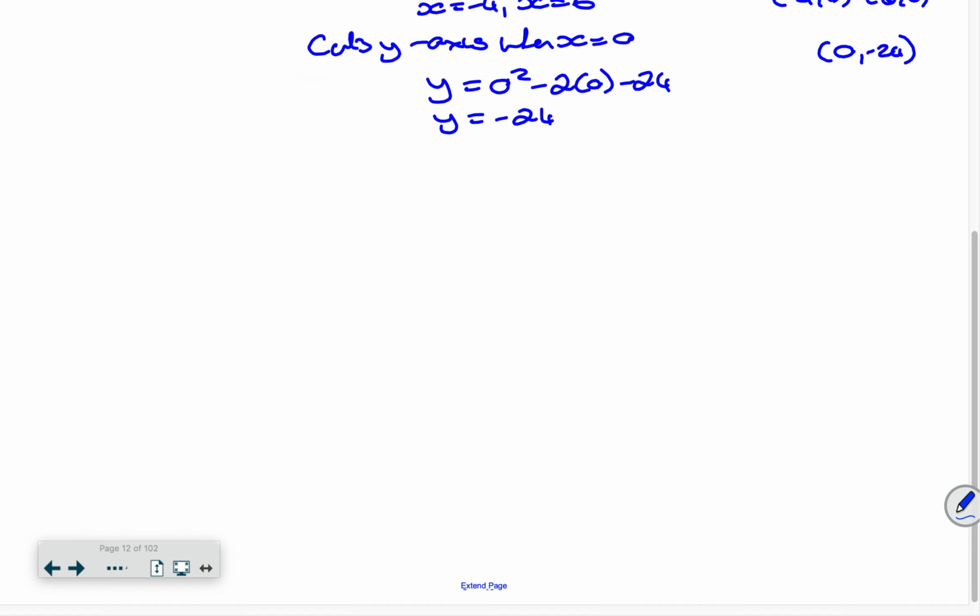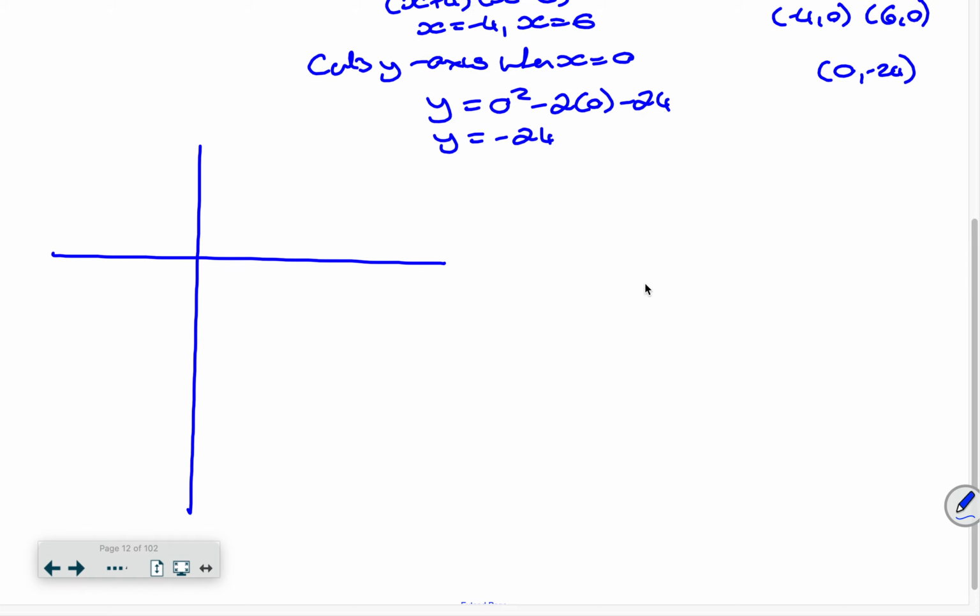Apologies in advance for my dodgy diagram. You know what I'm like drawing diagrams. Okay, so we have a point here at (-4, 0).